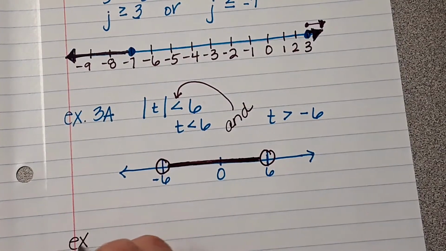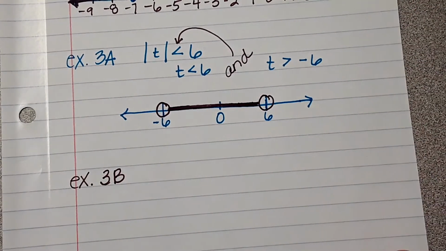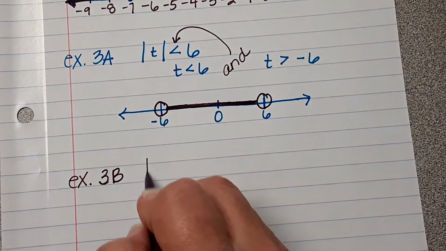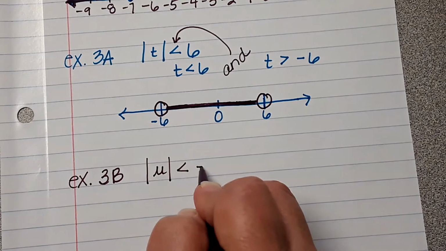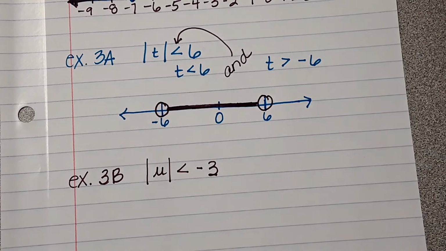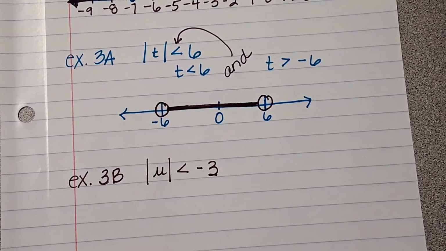Let's do example 3B. Now, first of all, what do we know about an absolute value? Can it equal a negative number?